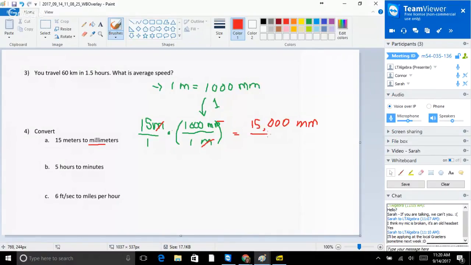So technically, I could put a 1 under there, but I don't even need to. I know that off the bat, millimeters and meters is a pretty easy conversion, but 15 meters is 15,000 millimeters. And I just wanted to explain this idea of unit multiplication.